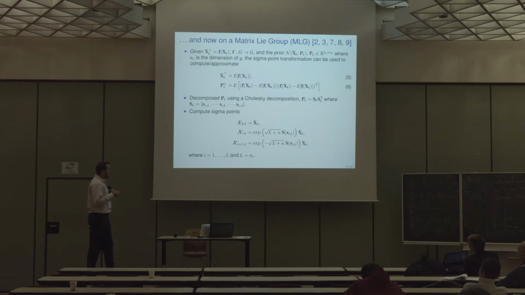We then compute sigma points, and here we can't, quote unquote, add like we do in Rn. We have to adhere to the group structure, so we're going to do a multiplication. We take our mean and use this definition of S as well as the exponential map to generate these other sigma points shown here.